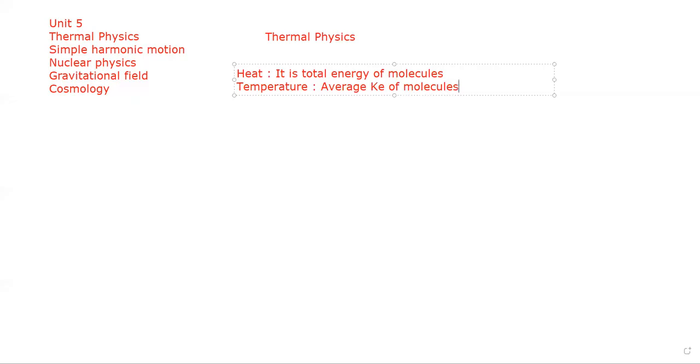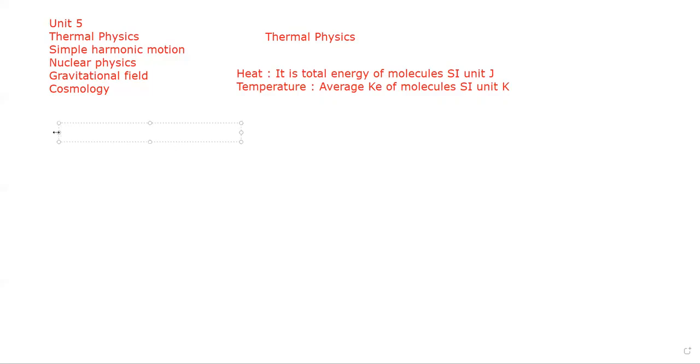So when we take the average kinetic energy of the molecule, we call that the temperature. The SI unit of temperature is Kelvin, denoted by K, and the SI unit of heat, because it is energy, is joules, denoted by J.